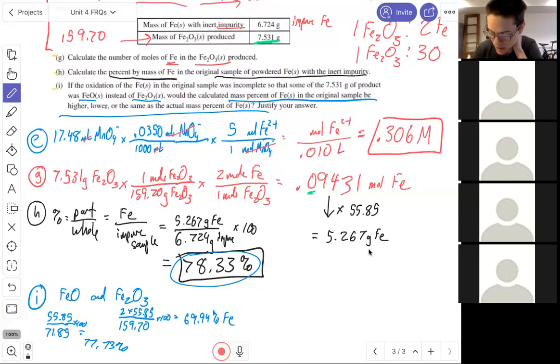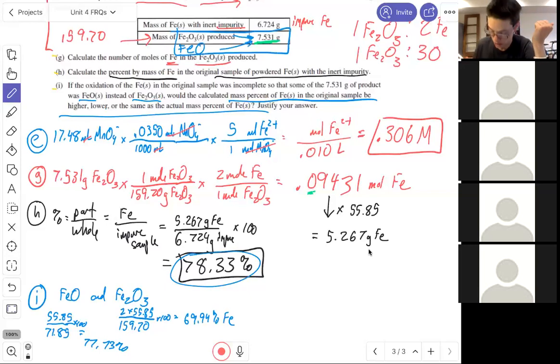So what it's saying is, instead of making nothing but Fe2O3, what if up here in this data table you had FeO and Fe2O3, both in this mixture. What do you think that means if you had some FeO in there and did not realize it?